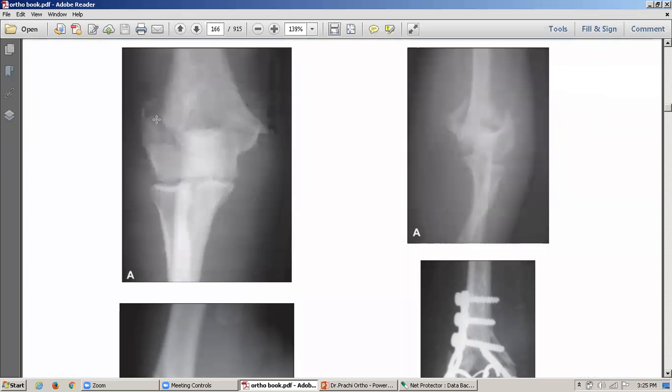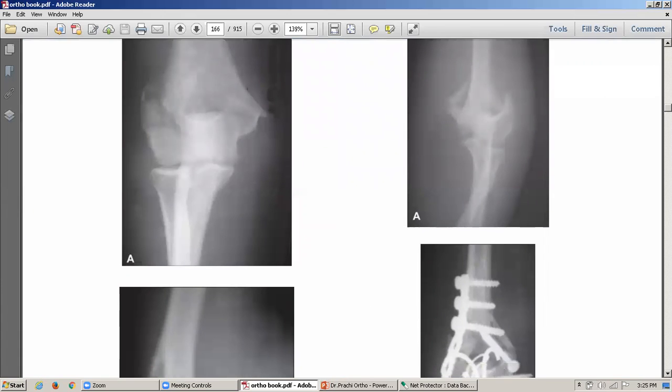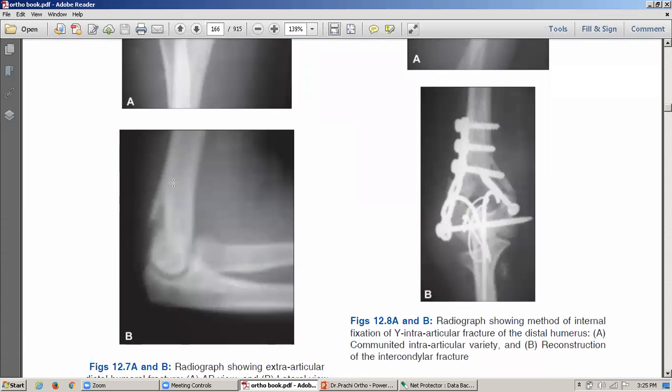Here you can see the distal end fracture of the humerus. This is the AP view, and this is the lateral view. Here you can see a fracture of the distal end of the humerus.